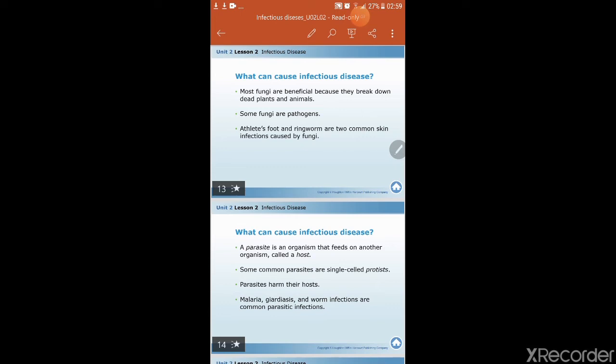Because they are decomposers that help in recycling materials in the world. And what we know also, making the bread depends on the yeast, which is fungi. Penicillin, an antibiotic, comes from the mold of the bread.